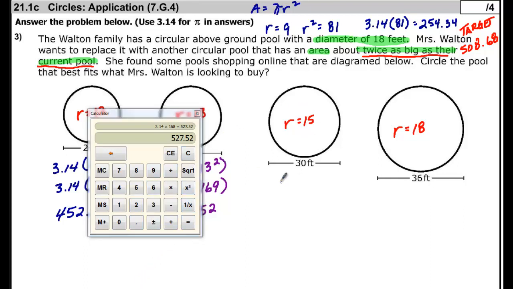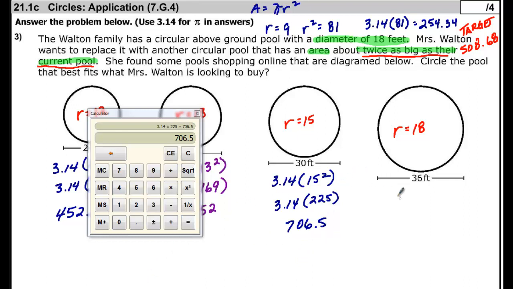So we've got 15 here. So we have 3.14 times 15 squared, which is 3.14 times 225. That gives us 706.5. Okay, so now we're getting even further away.